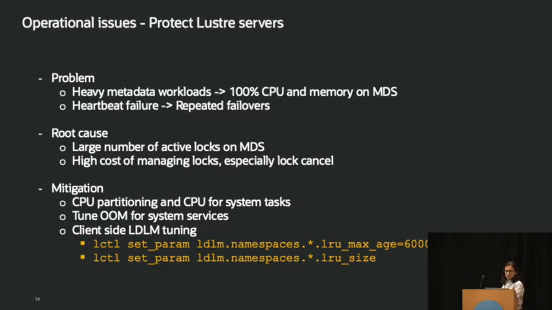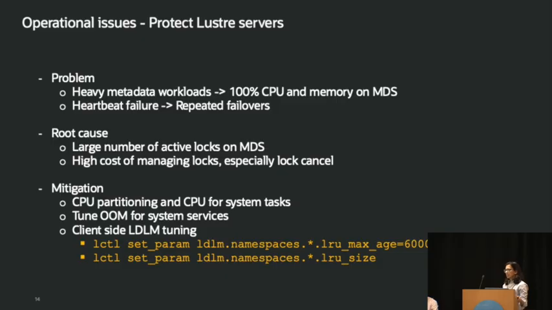The first one: some of the customers have heavy metadata workloads running. The problem we saw is that with these heavy metadata workloads, the MDS server nodes hit a wall, reaching their CPU and memory limits.